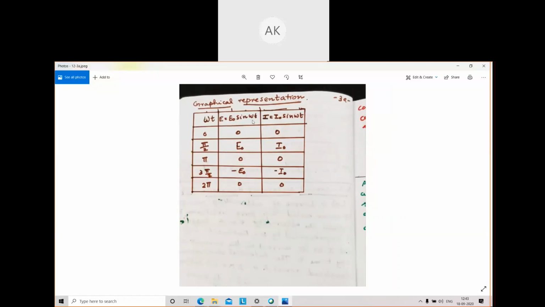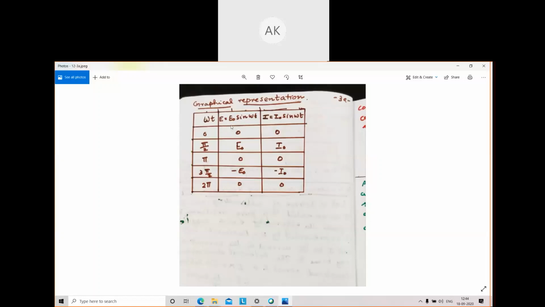അപ്പോൾ E=E0 sin omega t, omega t 0 ആകുമ്പോൾ ഇനീഷ്യൽ പൊസിഷൻ. AC we know starts at 0, then positive maximum, again 0, then negative maximum, again 0. That is actually AC. In that 0, T/4, T/2, 3T/4, then T, like that the time period goes. So omega t is the phase angle.